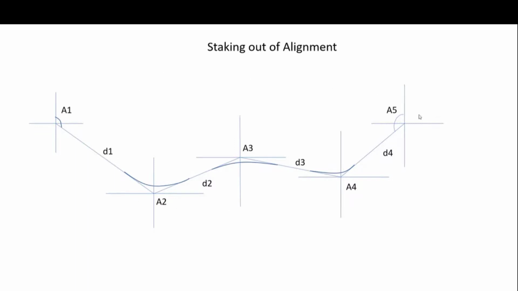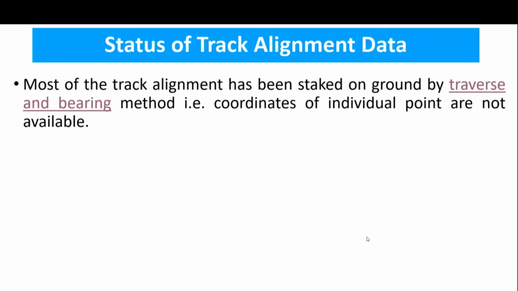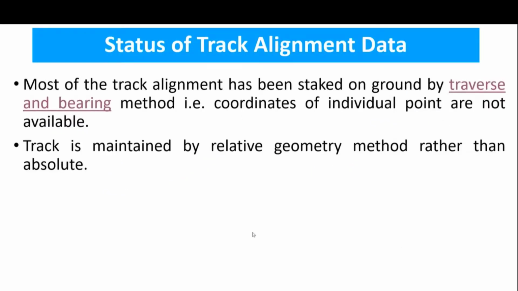This is the method which has been followed in laying the alignment of the existing track, and the maintenance also is done by relative geometry measurement. If there is some defect, the defect is corrected with respect to the alignment of the adjoining track.